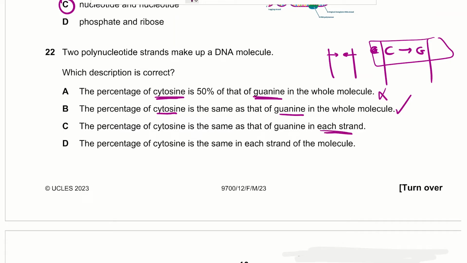Now, the rule of complementary base pairing occurs between two polynucleotide strands, since a single polynucleotide strand does not pair with itself. Therefore, this is totally incorrect. D. The percentage of cytosine is the same in each strand of the molecule. This is also incorrect due to the complementary base pairing because cytosine cannot bind with another cytosine. Therefore, this is incorrect and the answer is going to be B.